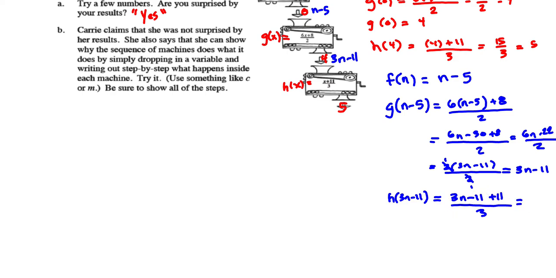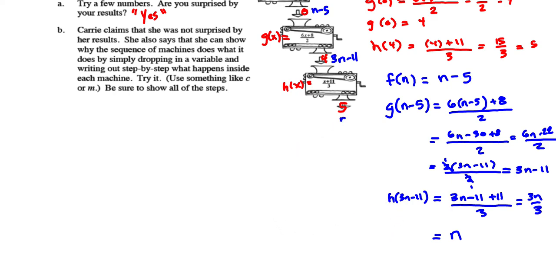We're going to have 3n over 3. Now this is a monomial over a monomial, which means we can reduce it down. They have a common factor, which means we're going to end up with our value of n.